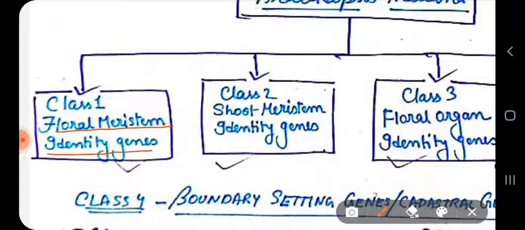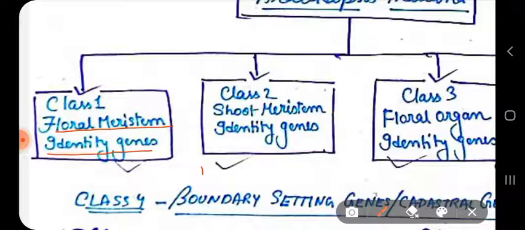So again I repeat, floral meristem identity genes are what? Floral meristem identity genes are those genes which are needed to convert the shoot part into flower part, or you can say transition of the shoot vegetative meristem to floral meristem. Initially, we know that the shoot or vegetative parts of the plants are expressed just after germination.